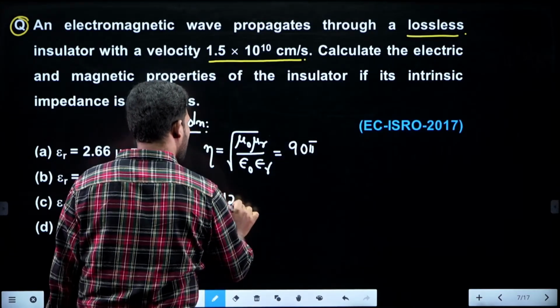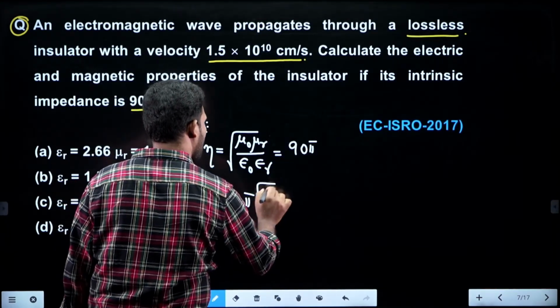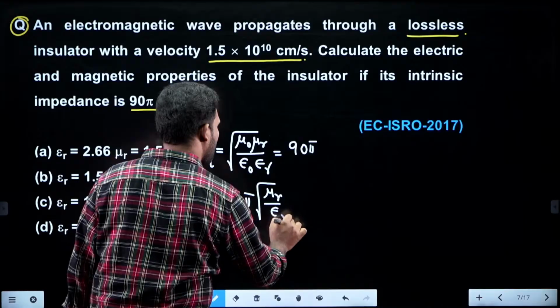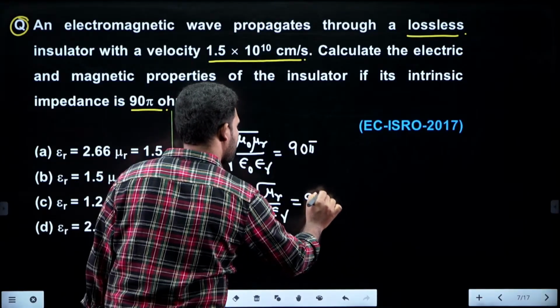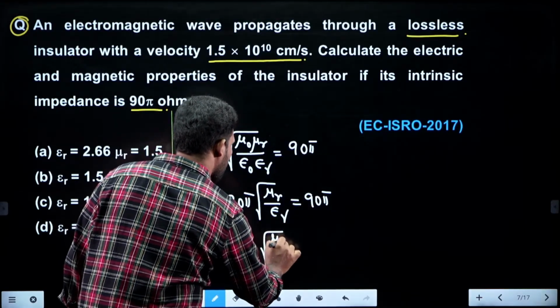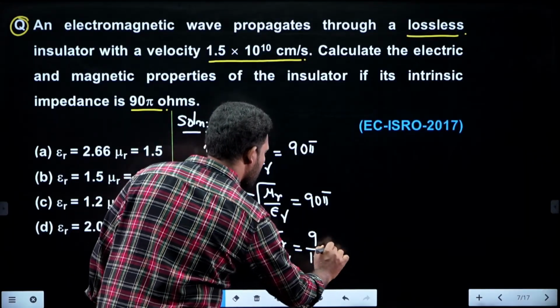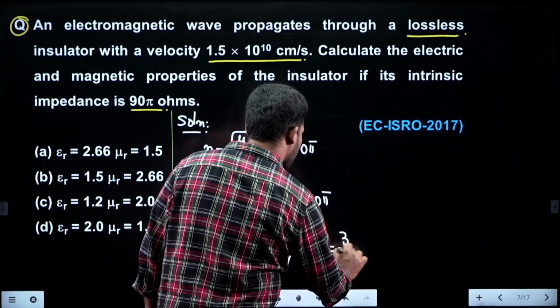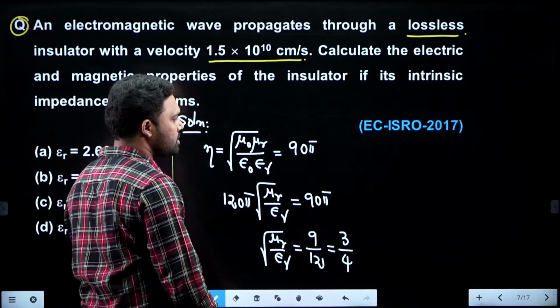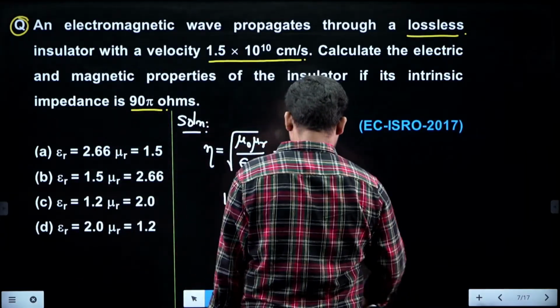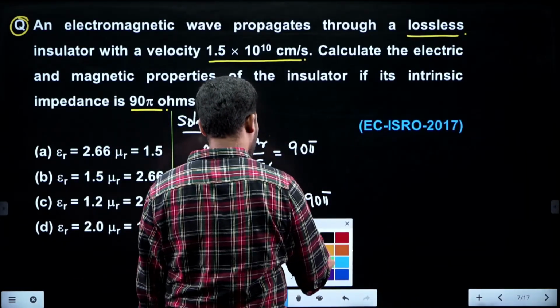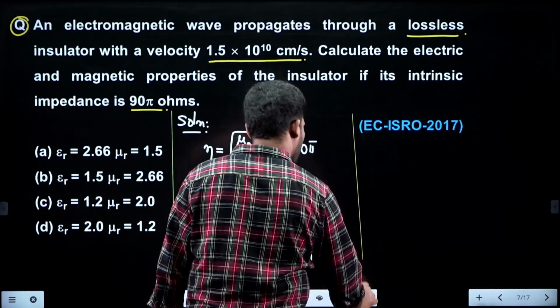This can be written as 120 pi square root of mu r by epsilon r, which is equal to 90 pi. So, square root of mu r by epsilon r is 9 by 12. So, it is 3 by 4. Keep this one aside.